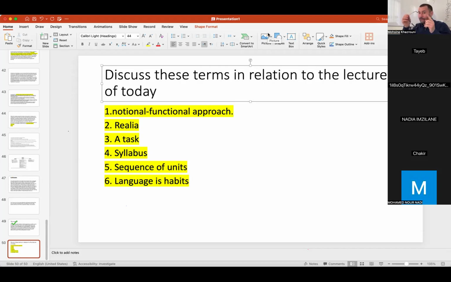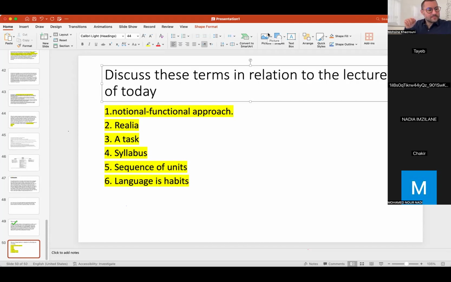Yes, I said that the notional functional approach is one of the earliest models used in communicative language teaching and was proposed by Wilkins. This approach focuses on teaching language through communicative function, for example, requesting or describing and expressing meaning.